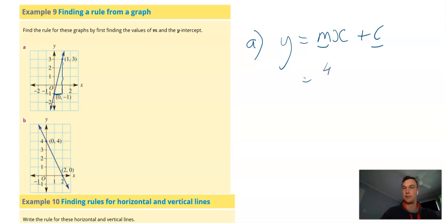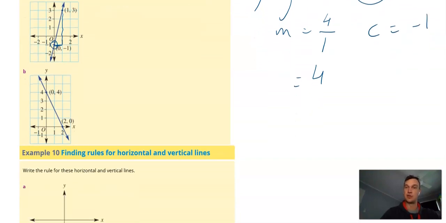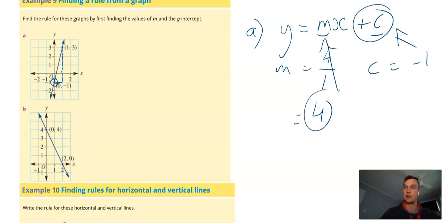So we have 4 over 1, which equals 4. Our y-intercept in this case is -1, so c equals -1. Now we simply substitute these values into our formula, and that gives us y equals 4x minus 1.